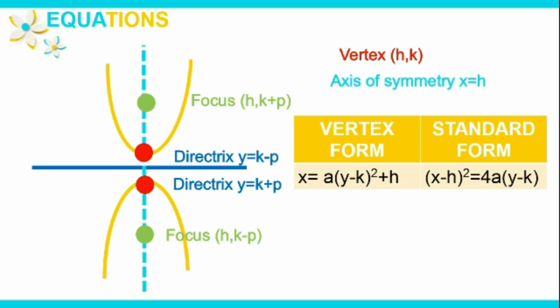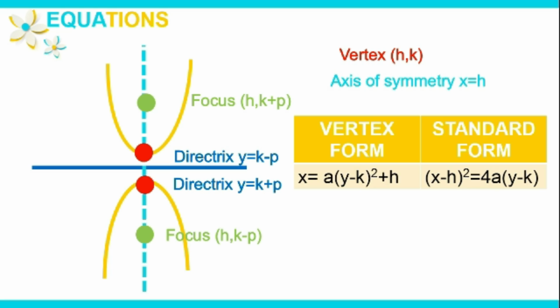So if this is what the parabola looks like, the focus will be h, k plus p. The h of the focus and the vertex is the same, but they differ in k. So the directrix, if it opens upward, is y is equal to k minus p.